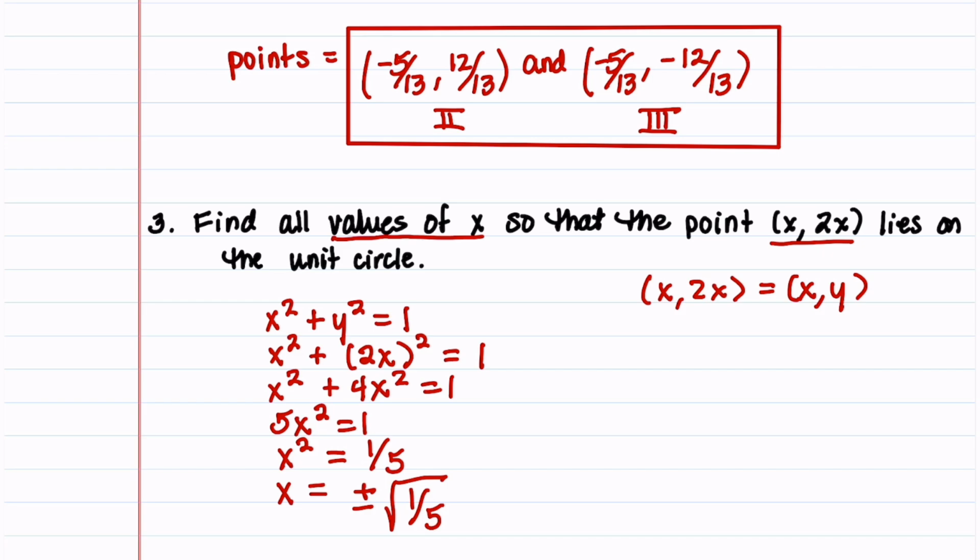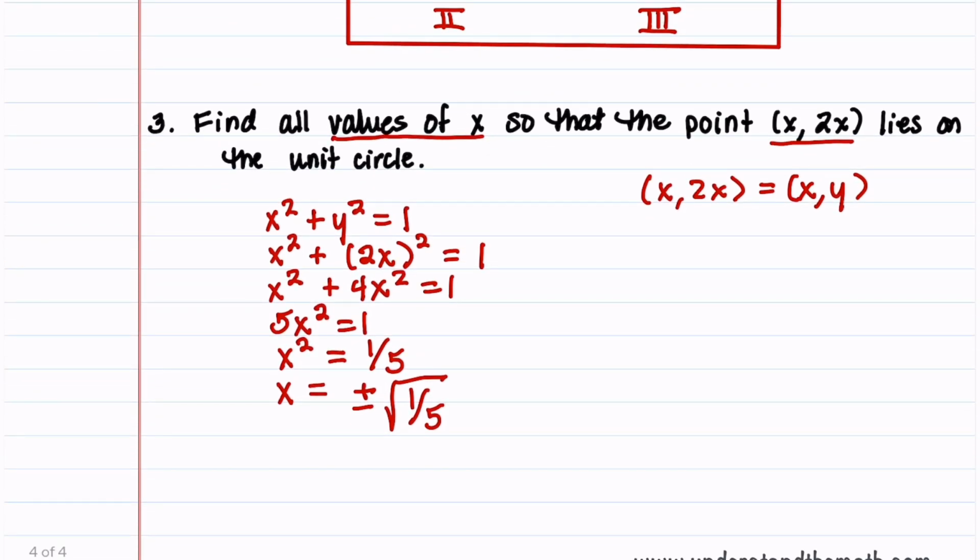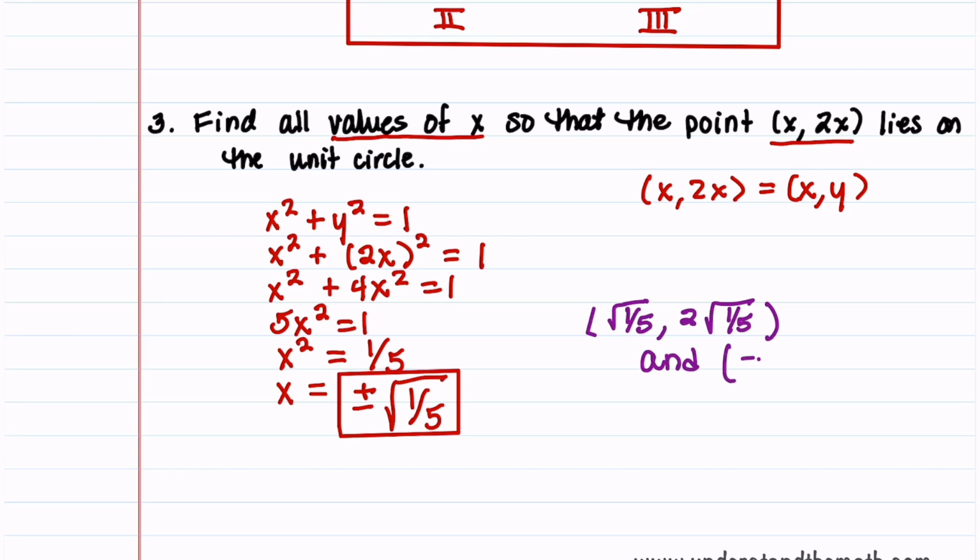It says to find all values of x, so we actually did that. Let's go ahead and box this just so it's clear that that's what we found. And then we can also say that these points are (square root of 1 over 5, 2 times square root of 1 over 5) and (minus square root of 1 over 5, minus 2 times square root of 1 over 5).